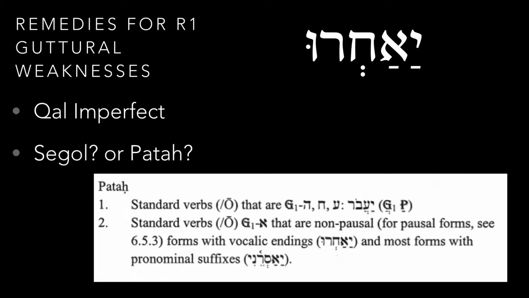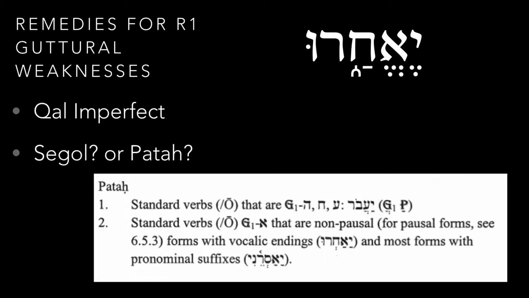So if this verb were in pause, it would look something like this. We would have that athnach and the retention of the thematic vowel A. And because it's in pause, we would get the segols because of the R1 aleph.